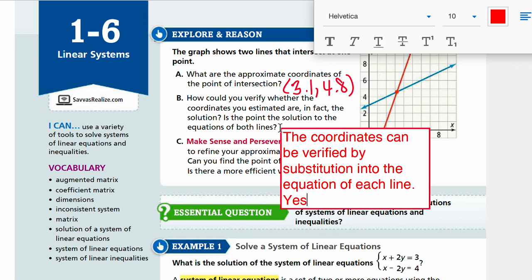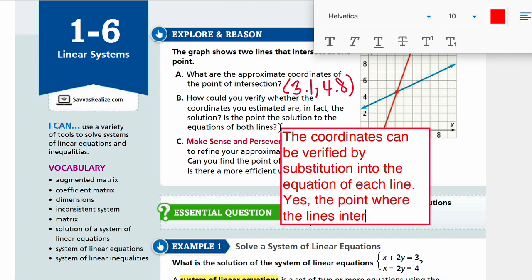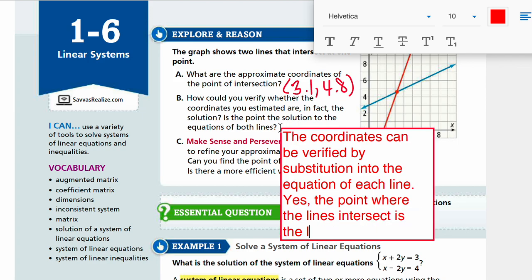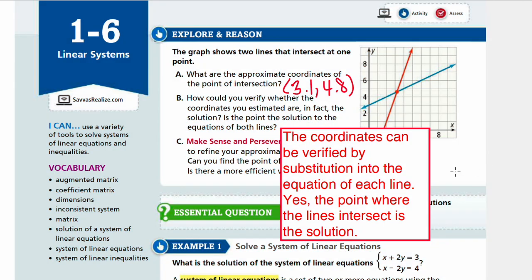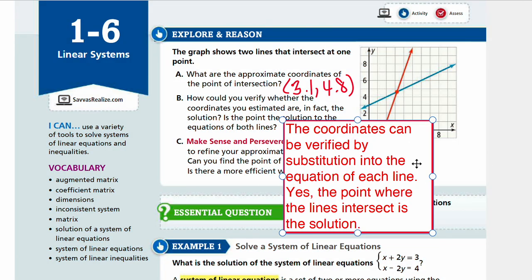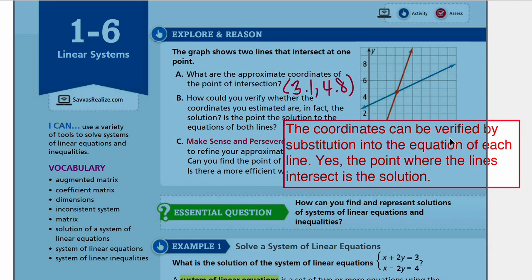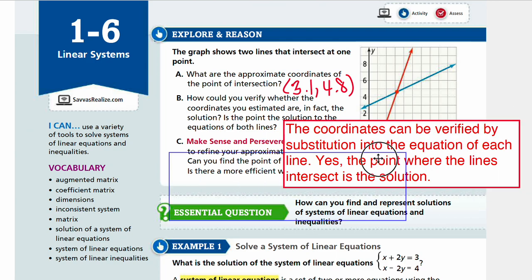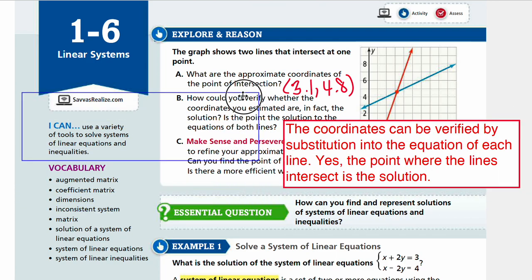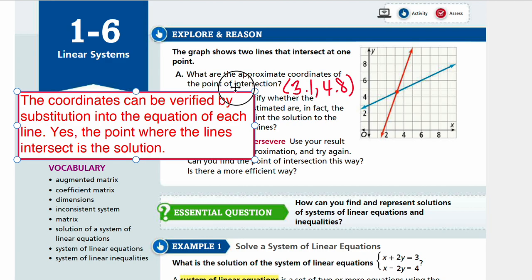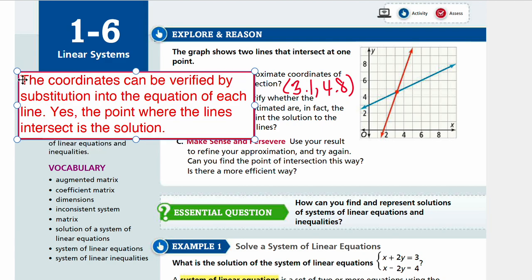And yes, the point where the lines intersect is the solution, because that is where both x and y values will be the same in both lines, right? So by graphing, we know that this is true. So this is part B.